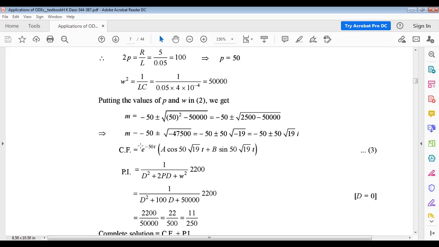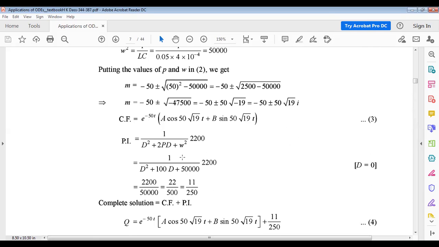So for these imaginary roots, the complementary function will be e to the power minus 50t into a cos this t plus b sine 50 root over 19 t. For the complementary function, we get this for these two imaginary roots.